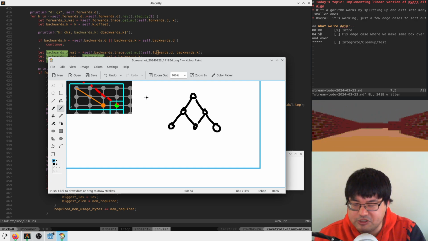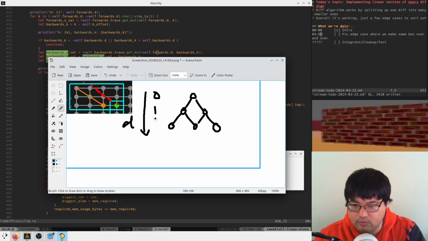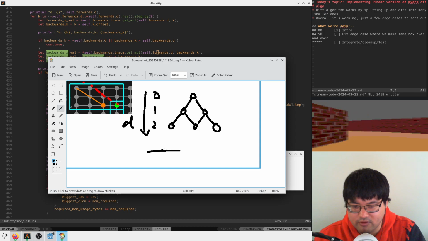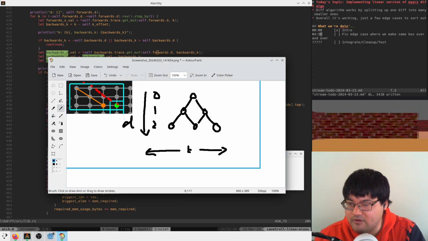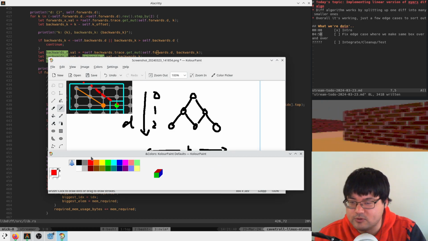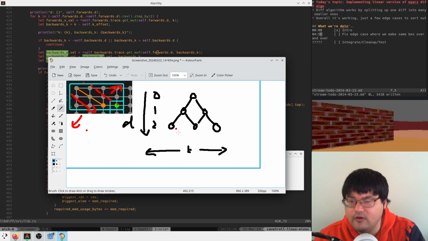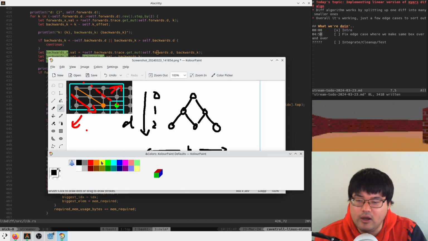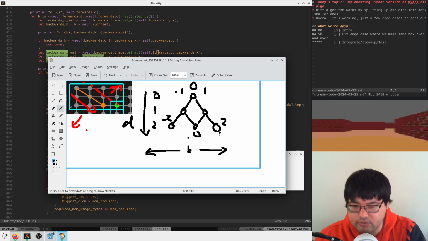And D is supposed to be this direction, so this is D0, 1, 2. And then we have K in this direction. On the graph we were seeing before, D is this way and K is this way. And so this should be K 0, -1, 1, -2, 0, and 2.